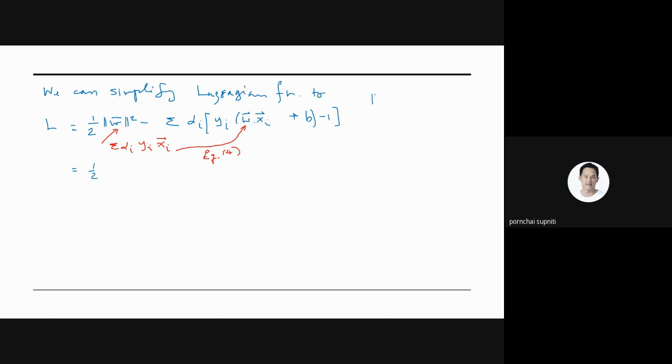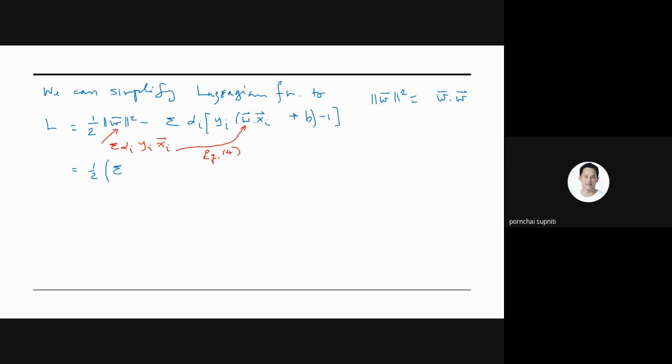Well, we know that size of w squared is equal to w times w, right? So here we can write it as two terms.